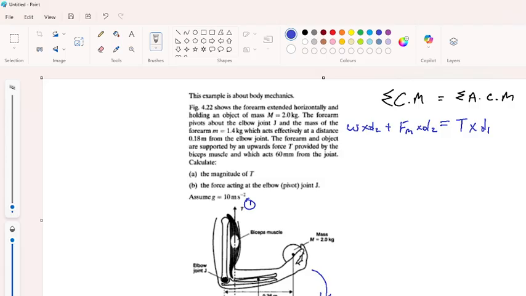That one here is the weight of the arm itself, wanting to rotate it clockwise, and this one wants to rotate clockwise, so I'm going to add them. The moment is equal to the weight of the arm times the distance, plus the weight of the ball times the distance, is equal to the muscle moment.